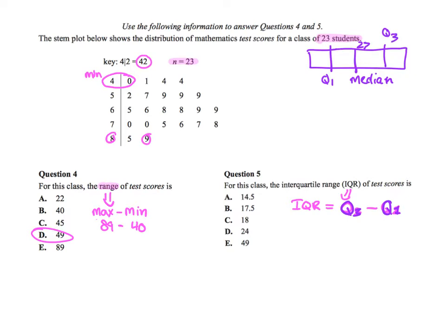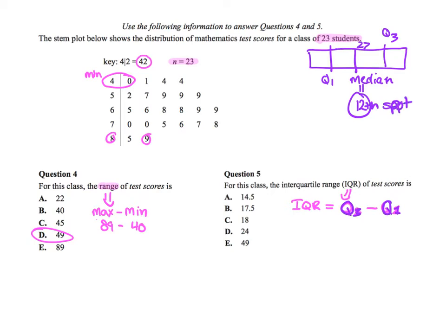Does that make sense? So if I've got 23 pieces of data, the halfway mark of the median is going to be at the 12th spot, isn't it? So remember, the median will be at the 12th spot for 23.